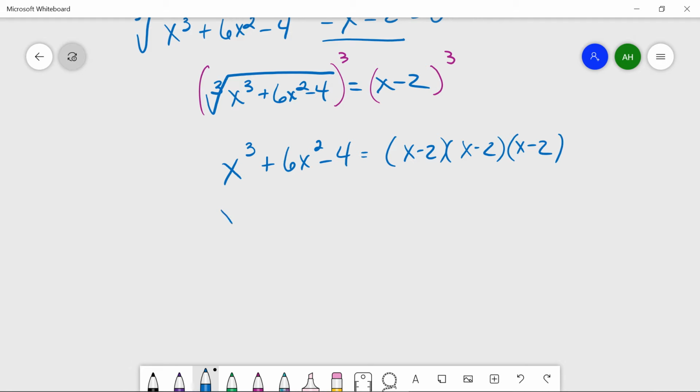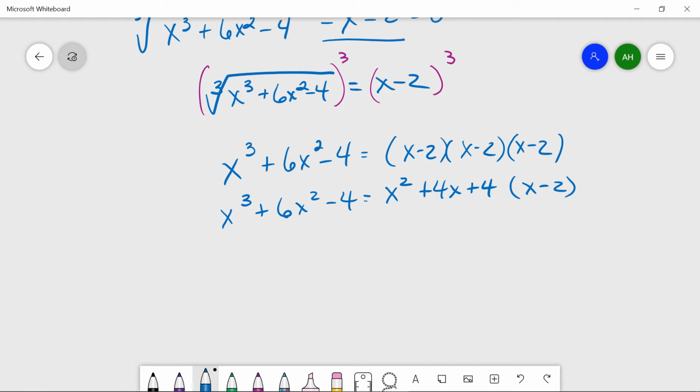Over here, I'm still going to have x cubed plus 6x squared minus 4 equals x squared plus 4x plus 4 times x minus 2.